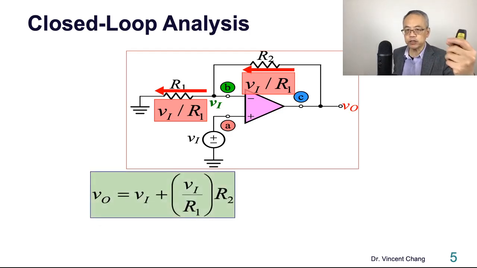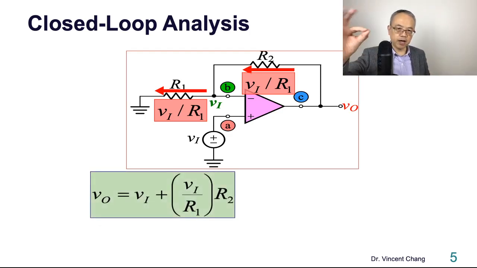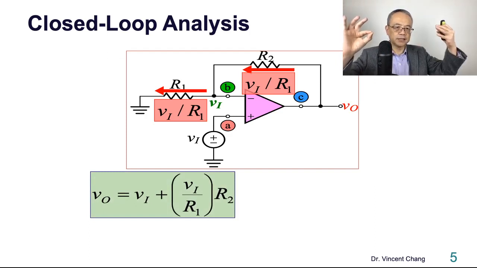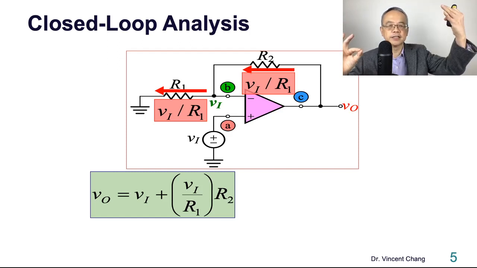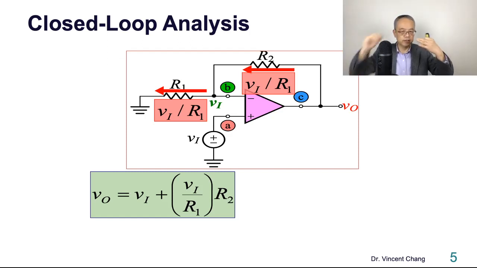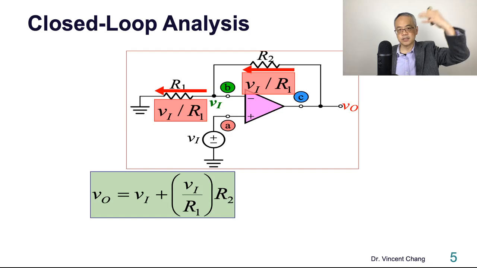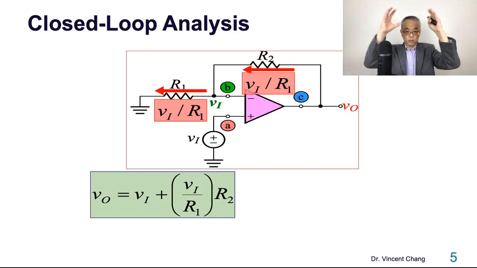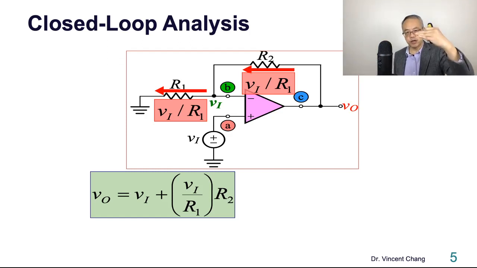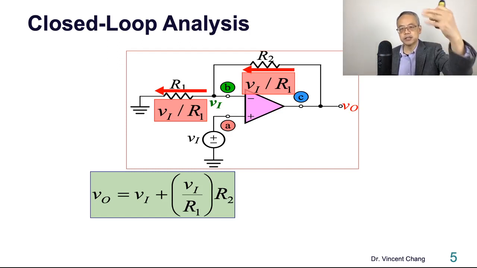Therefore, the output voltage VO will be Vi, the inverting input terminal voltage, plus, right, the potential increase. When you go against the current, it's a potential increase, a voltage increase. What? The drop. The current times R2. The current Vi over R1 times R2.